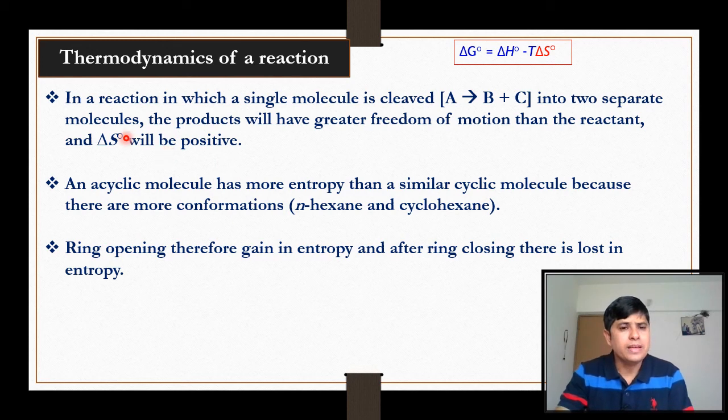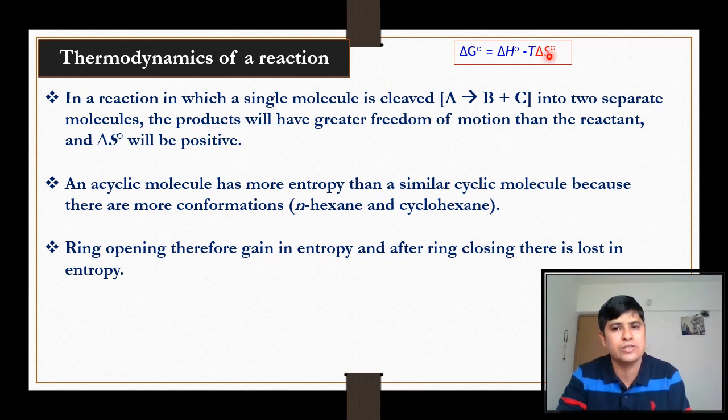Now see, in a reaction in which a single molecule is cleaved, like A is cleaved into B plus C, two separate molecules, the products will have greater freedom of motion. In this case the products B and C will have greater freedom of motion than the reactant, and here delta S0 will be positive.